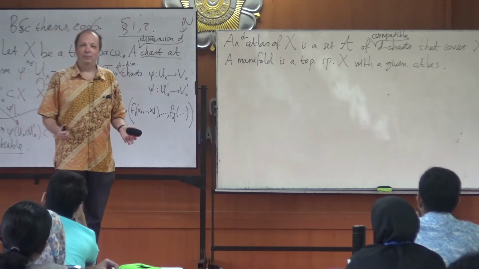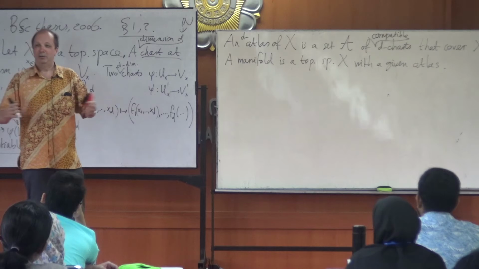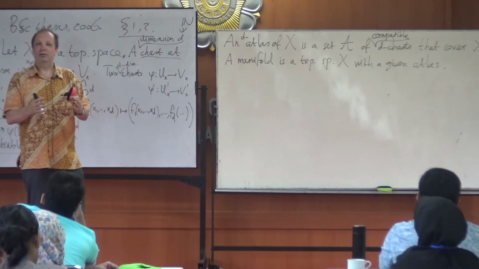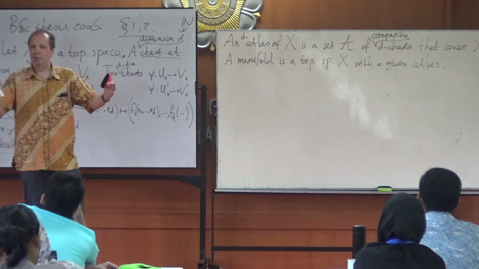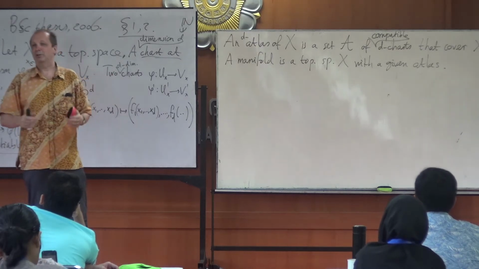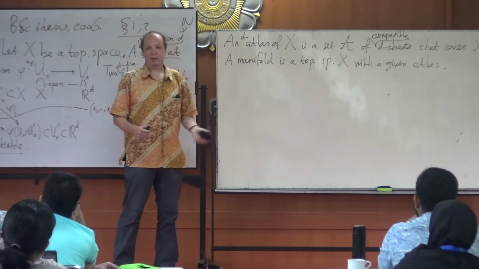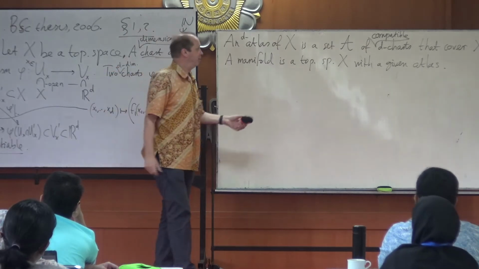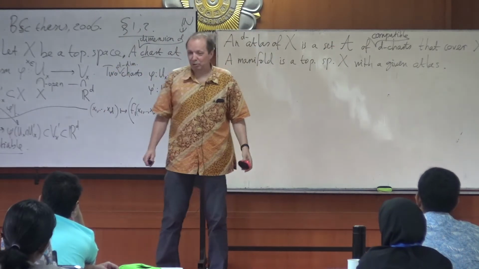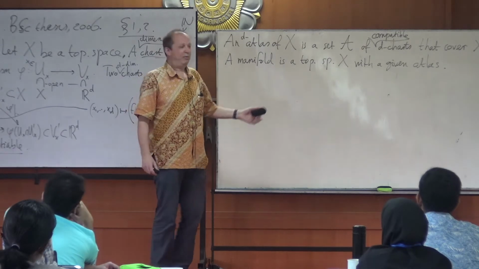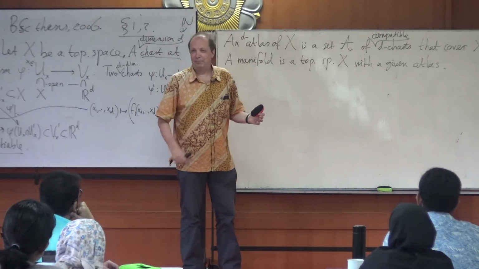And so if two atlases are compatible, you could also take the union of them. You could take the charts from one atlas plus the charts of the other atlas and put them together in a bigger atlas. And some people like to take a maximal atlas. So they say what you can do is, given one atlas, you can look at all the charts that are compatible with all the charts in your given atlas and just add them to your set.